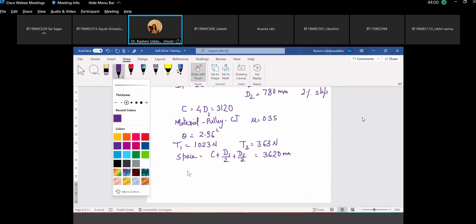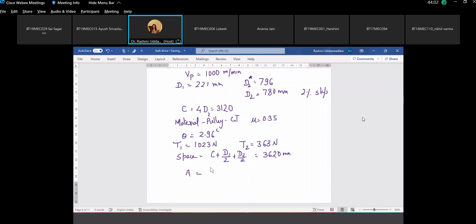So we got the value of area as the tight side tension upon the material of the belt minus rho v square, and we got this value as 355.